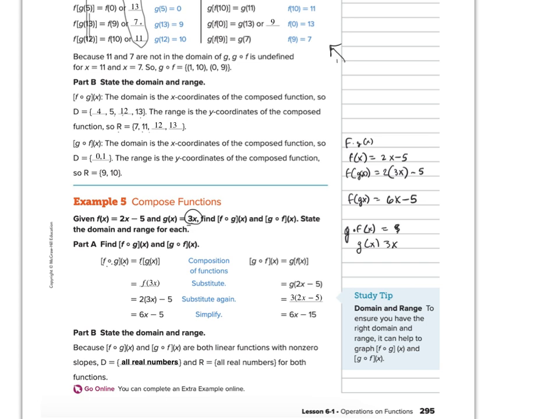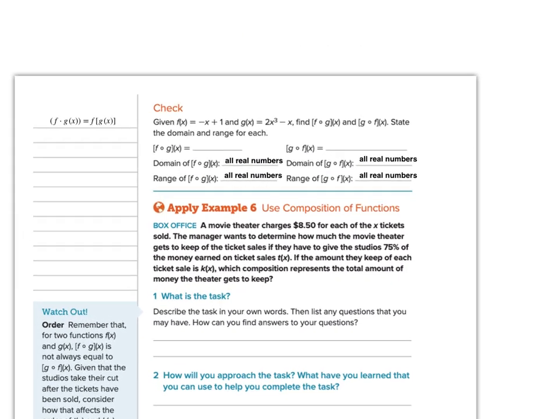Then I'm going to put in f of x, so I would have 3 times 2x minus 5, which is 6x minus 15. Okay, so that's what they're doing. They're inputting one function into the other function. That is what we're looking at.